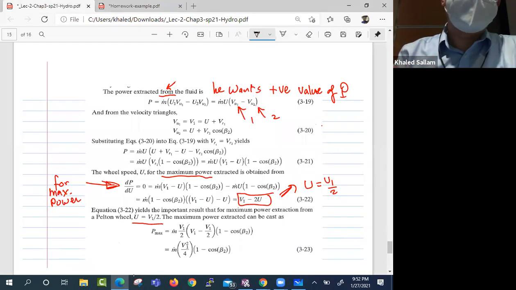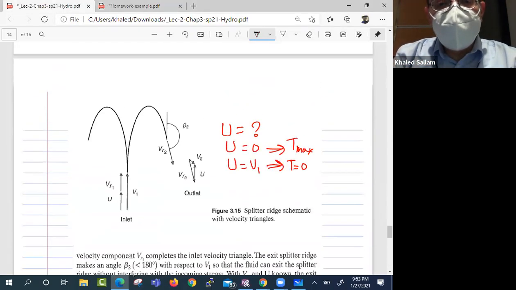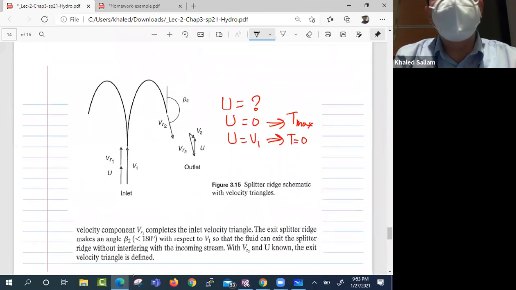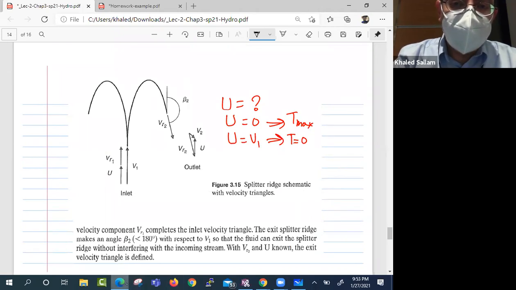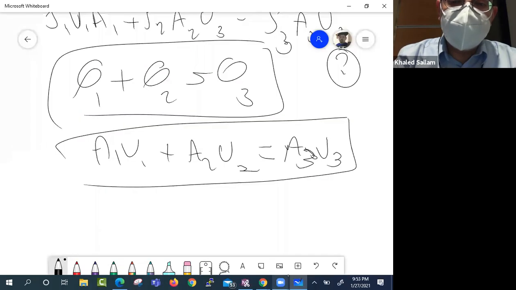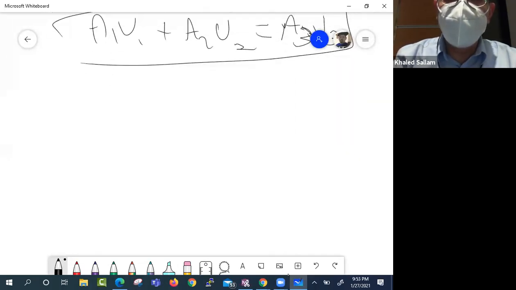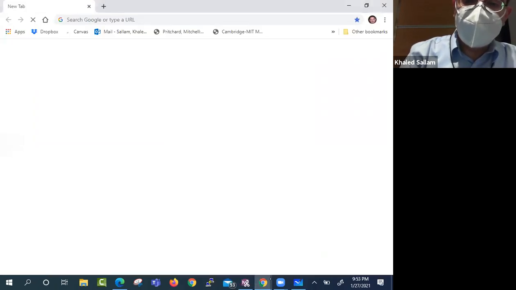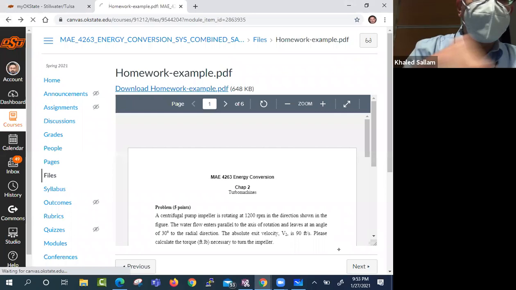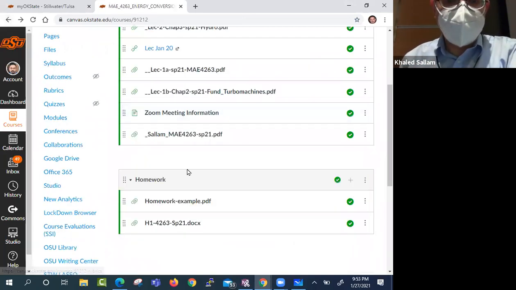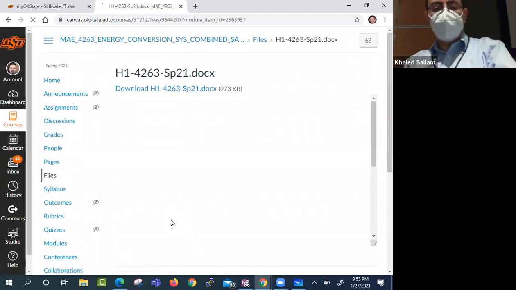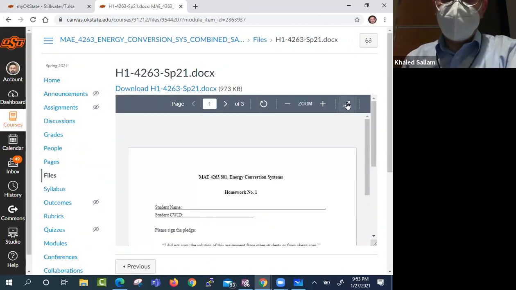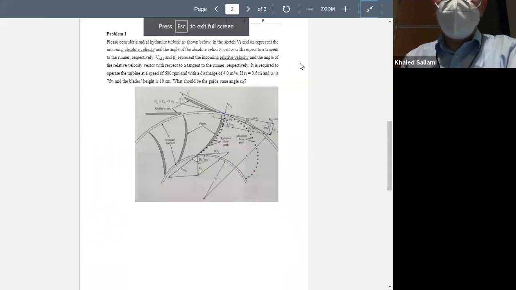So now the second homework problem is about, actually, I didn't explain this was an example homework problem, but the actual homework problem, let me show it to you. Here's homework 1. And look at this.